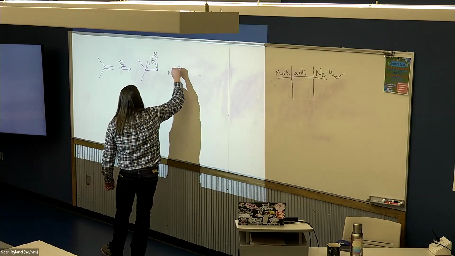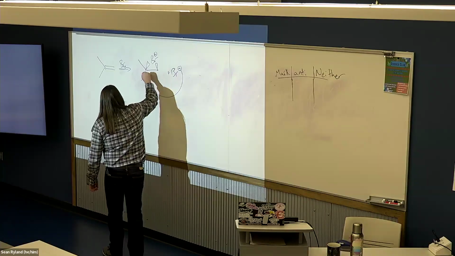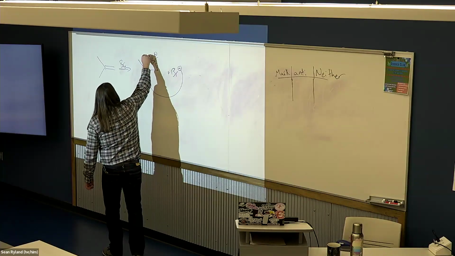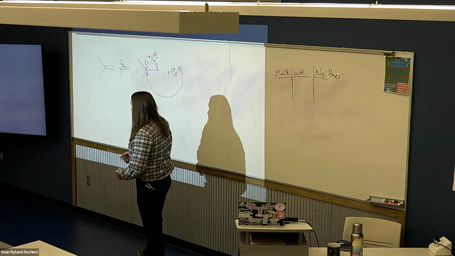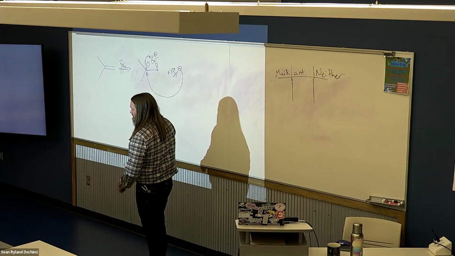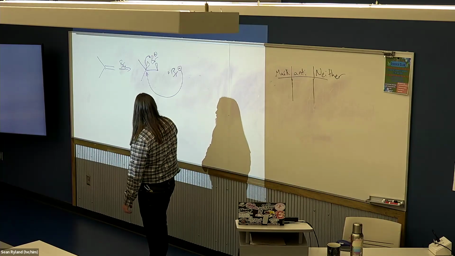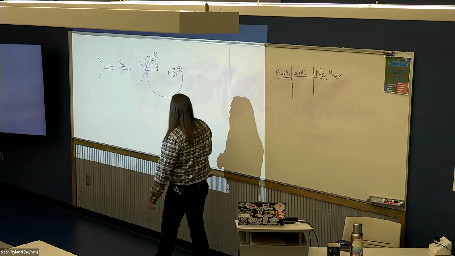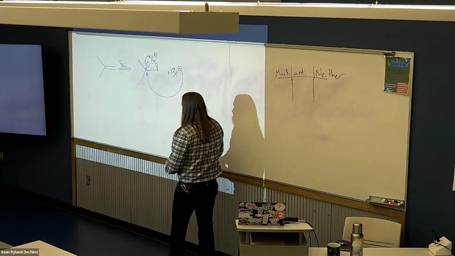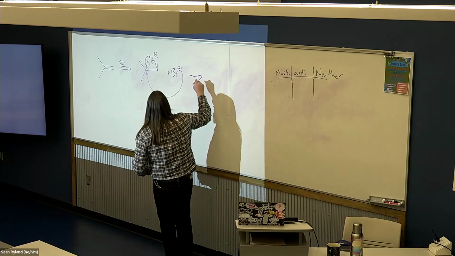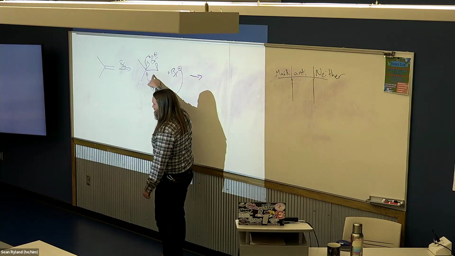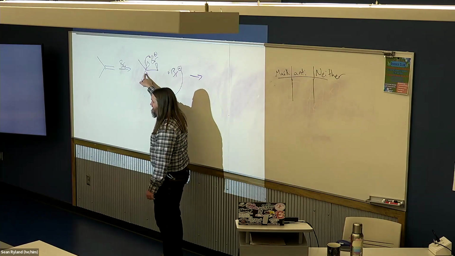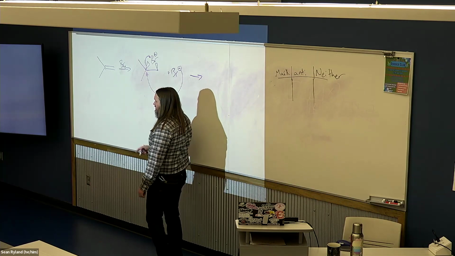And then the second step, we're just drawing the mechanism for bromination. So this is the three-sided one, and this is going to come from the opposite side on the more substituted carbon.